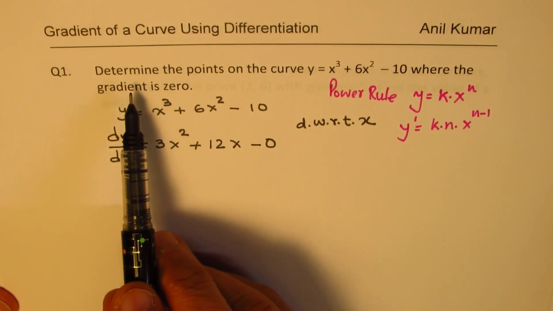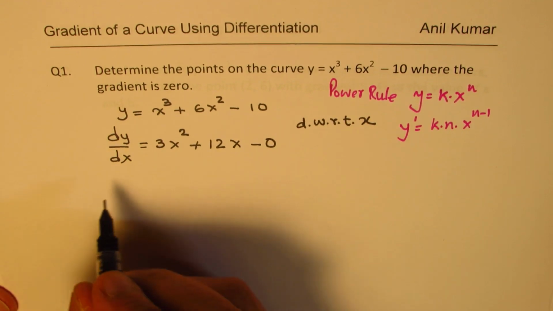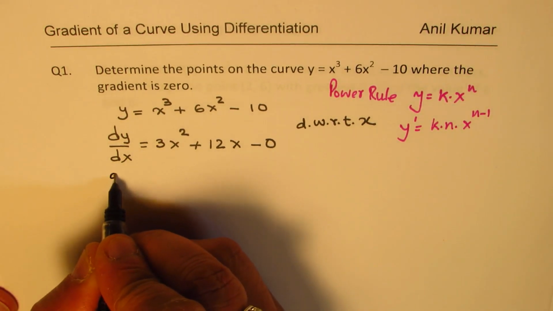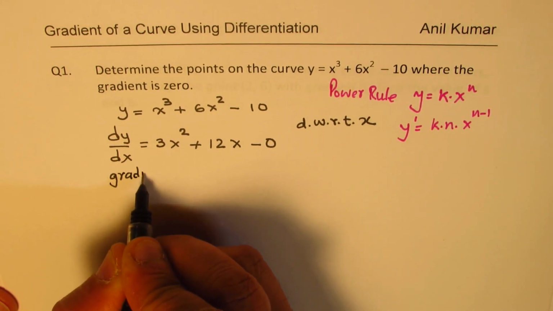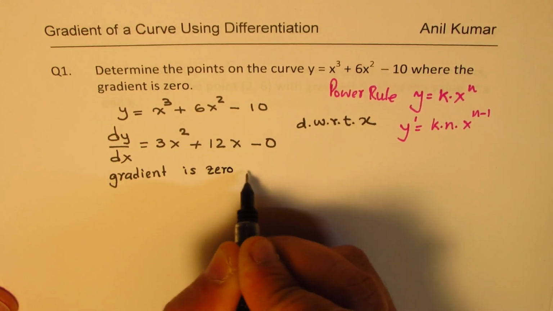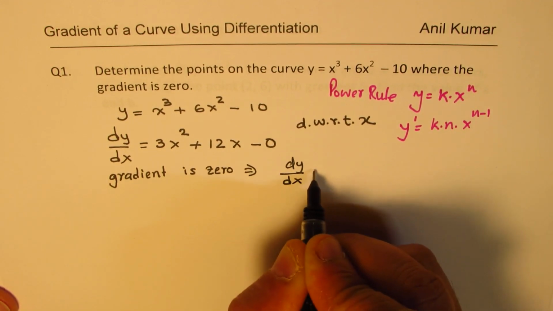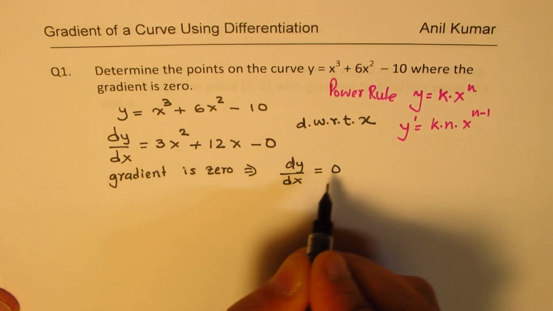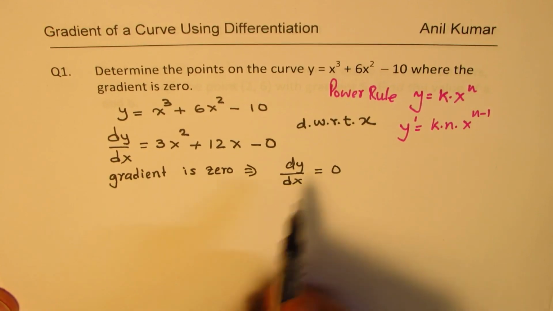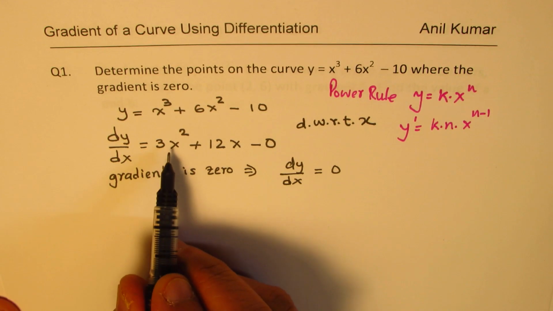Now it says, determine the points on this curve where the gradient is 0. Now what does that mean? If we say gradient is 0, that means that the derivative, or slope of the tangent line, is 0. That means this derivative is 0. And therefore, because it is given to us that gradient is 0, we need to find the points.